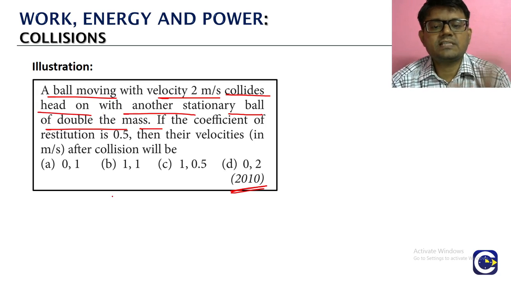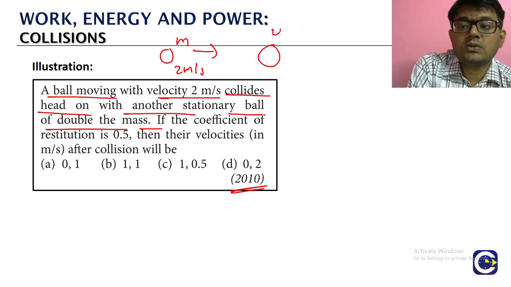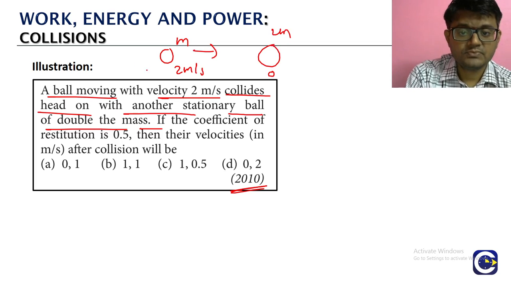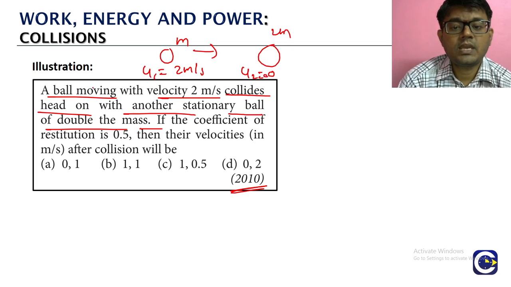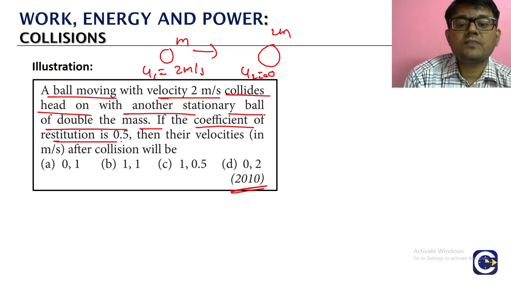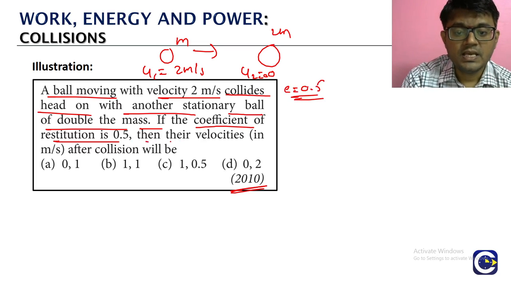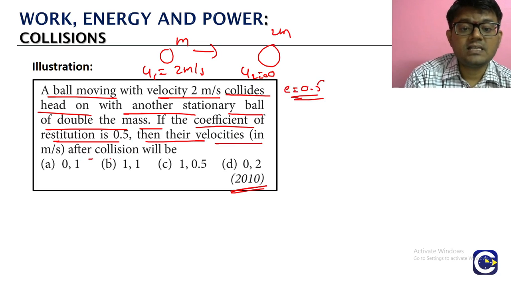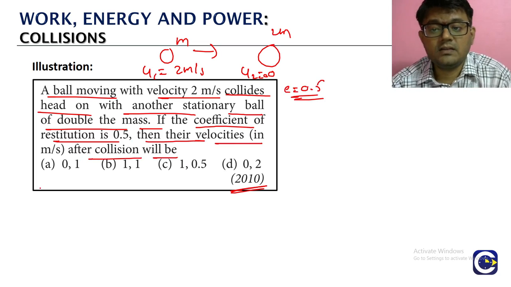Take m with 2 meter per second, colliding with a 2m which is at rest. So u1 is 2 meter per second, u2 is 0. If the coefficient of restitution is 0.5, then what will be their velocities after collision?